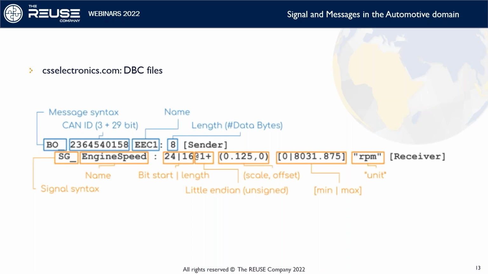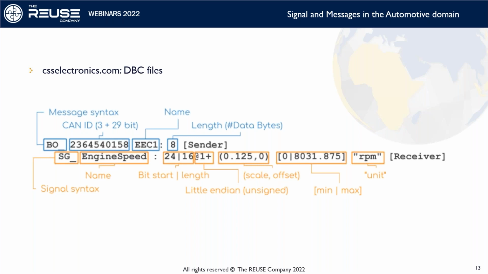Messages in blue, the first line in this picture that I took as a reference from the csselectronics.com website, and signals in yellow and orange below, where for each one of the messages you can find the name of the message itself, and also the sender.